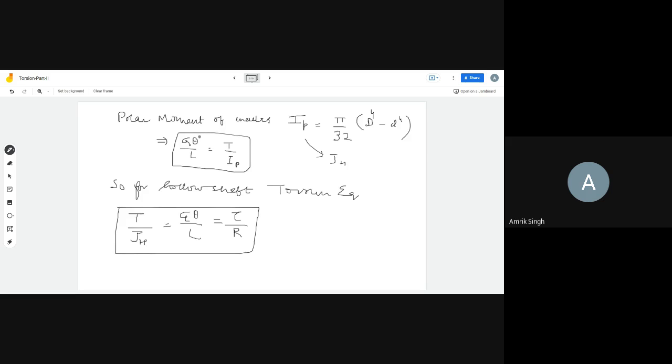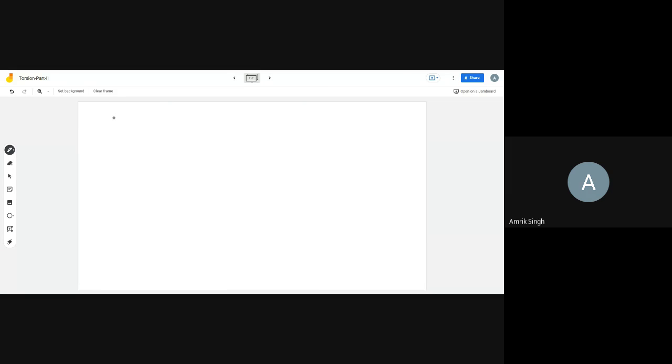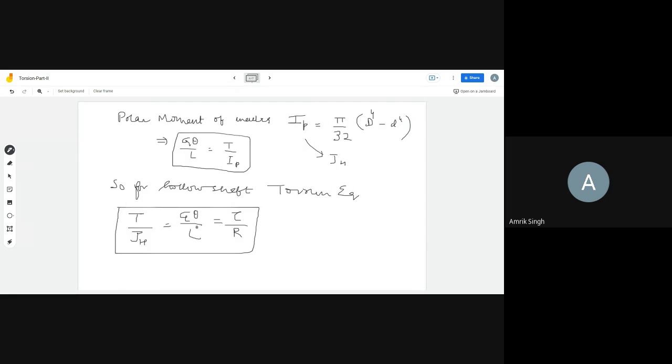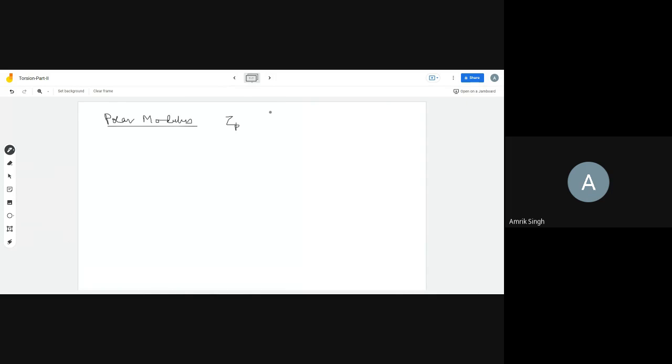Okay, so this is the equation which we use. From this equation, you will have one more important quantity, that is the polar modulus. We have discussed it yesterday also. It is denoted by Z_P.